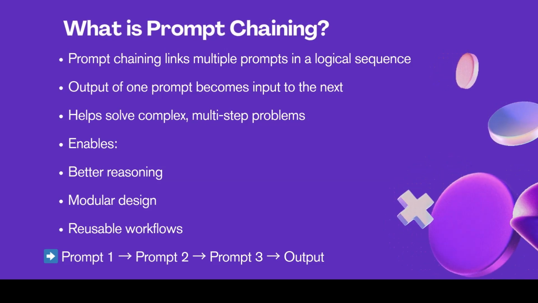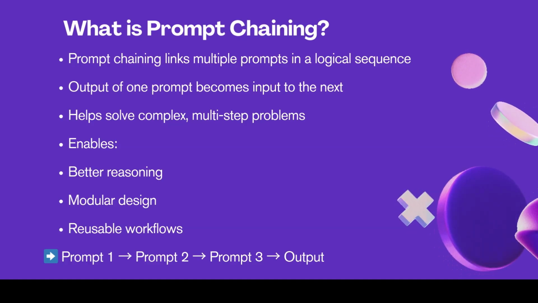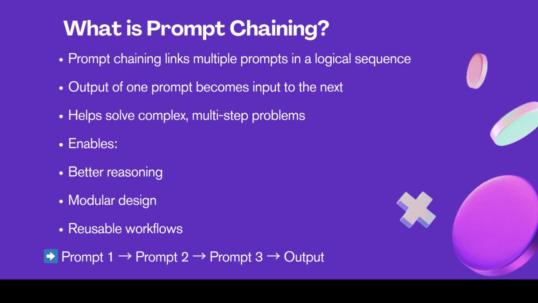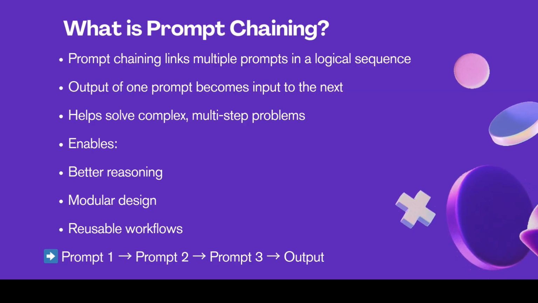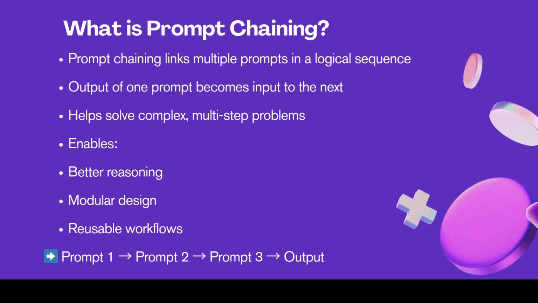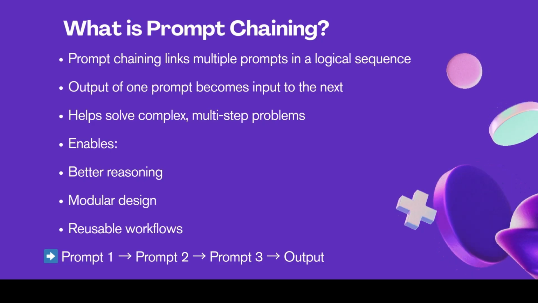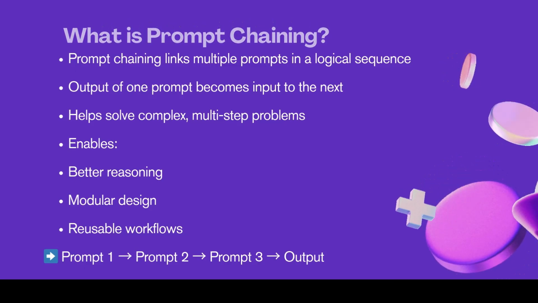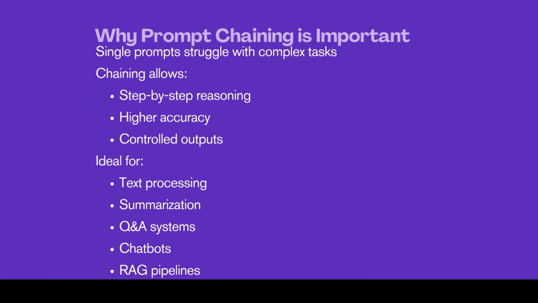So, first, let's understand what prompt chaining actually means. Prompt chaining is a foundational concept in building advanced workflows using large language models, or LLMs. Instead of using a single prompt, we link multiple prompts together in a logical sequence where the output of one prompt becomes the input for the next prompt.